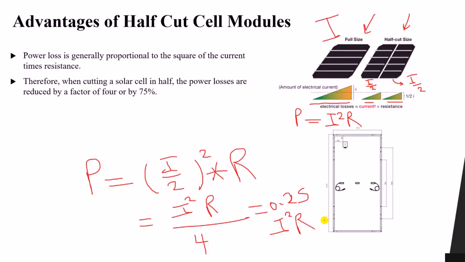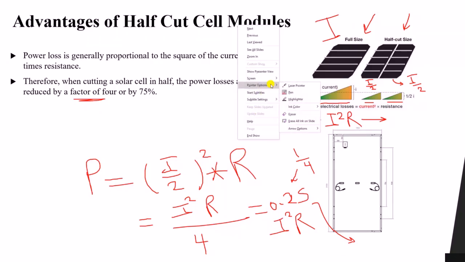It means that our power losses are reduced from 100% to 25%, or reduced by a factor of 4, which is 1 over 4, or by 75%.